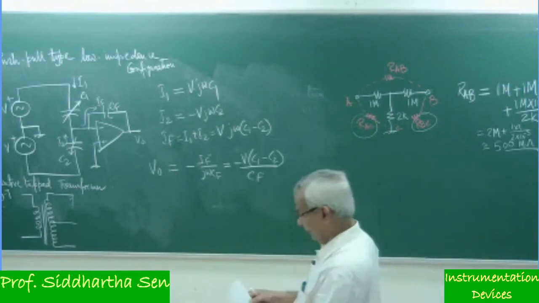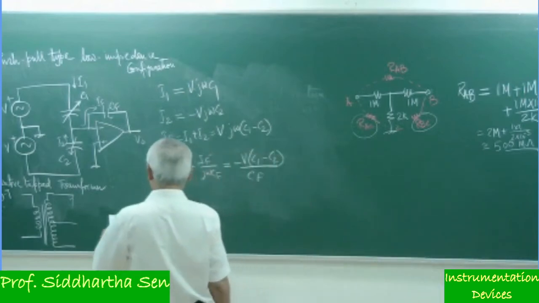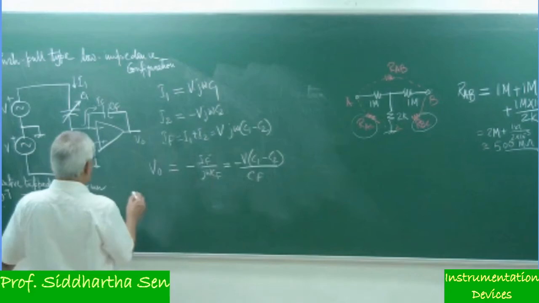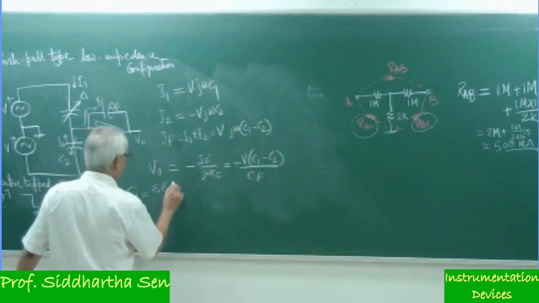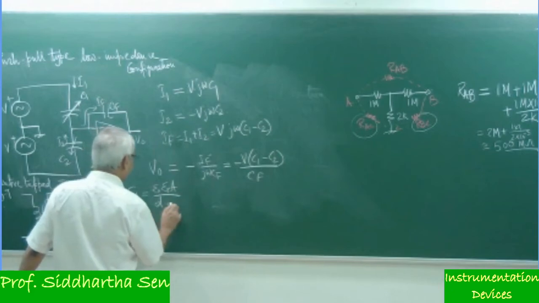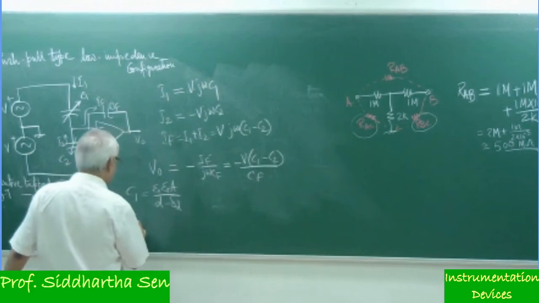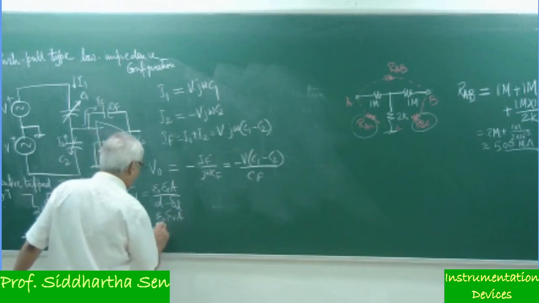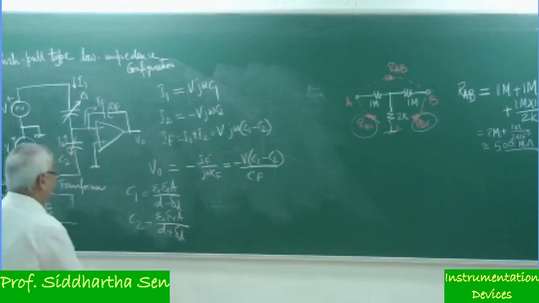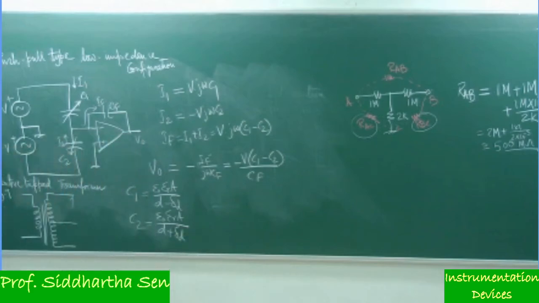And if we say like this, suppose C1 is equal to epsilon 0 epsilon r A divided by d minus delta d, and C2 is equal to epsilon 0 epsilon r A divided by d plus delta d. That means both of them I consider to be variable, a push-pull type configuration, variable gap type.